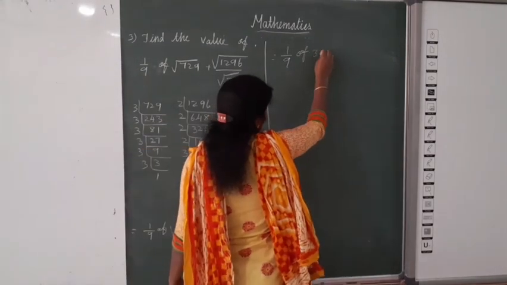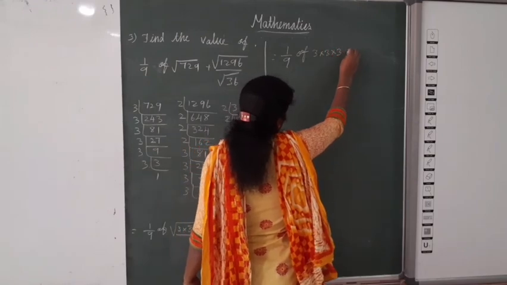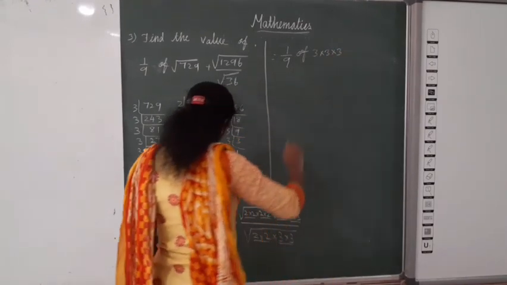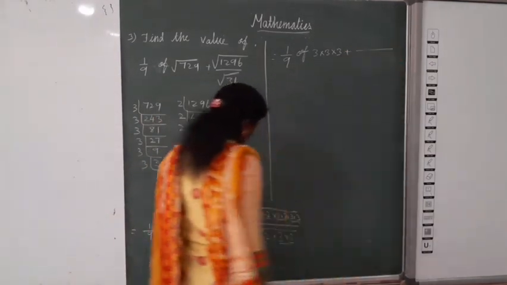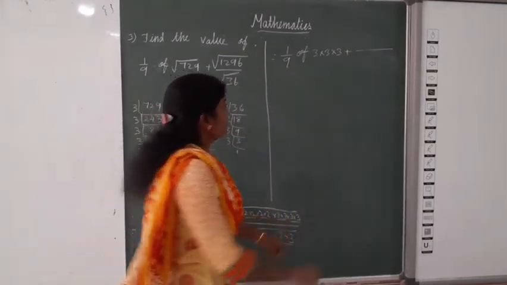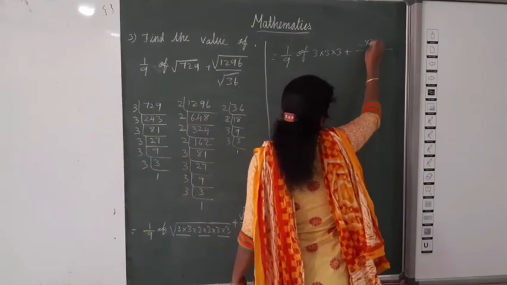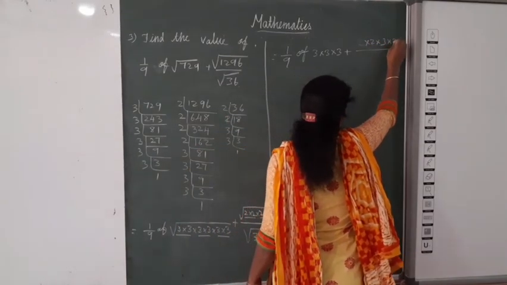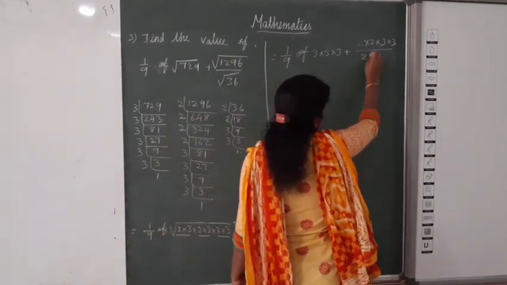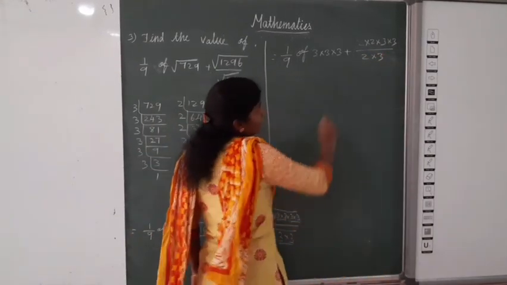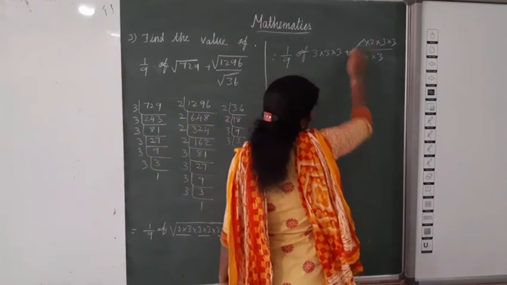So 3 into 3 into 3 plus, isn't it? Plus here 2 into 2 into 3 into 3 by 2 into 3. Now listen here. Now we can cancel it, this 2 and this 2.